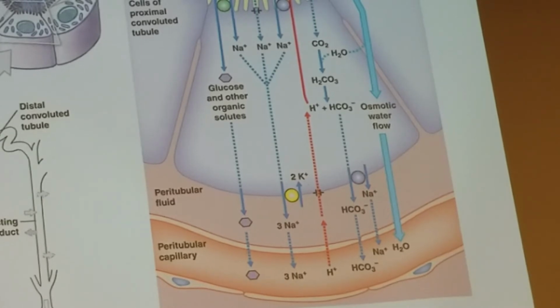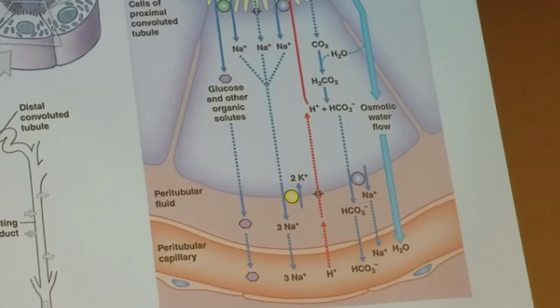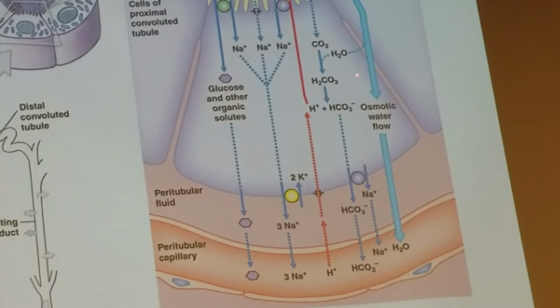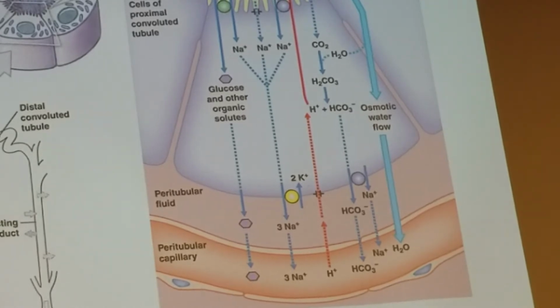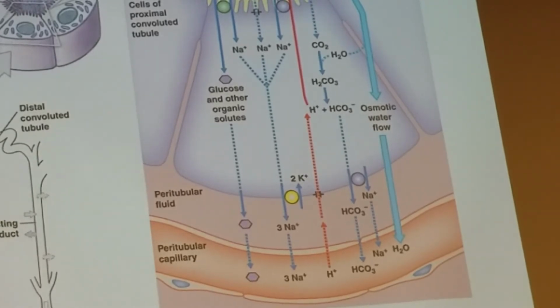Is the cell going to become more hypo or more hypertonic? More hypertonic. Remember, that would cause water to go to the more hypertonic environment. That's osmosis, right? The diffusion of water through a semi-permeable membrane from regions of higher concentrations of water to regions of lower concentrations of water. Water always tries to go into the more hypertonic environment.